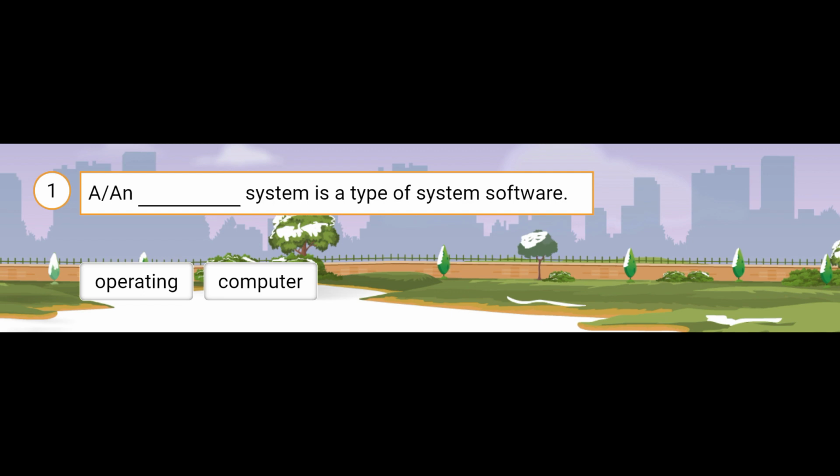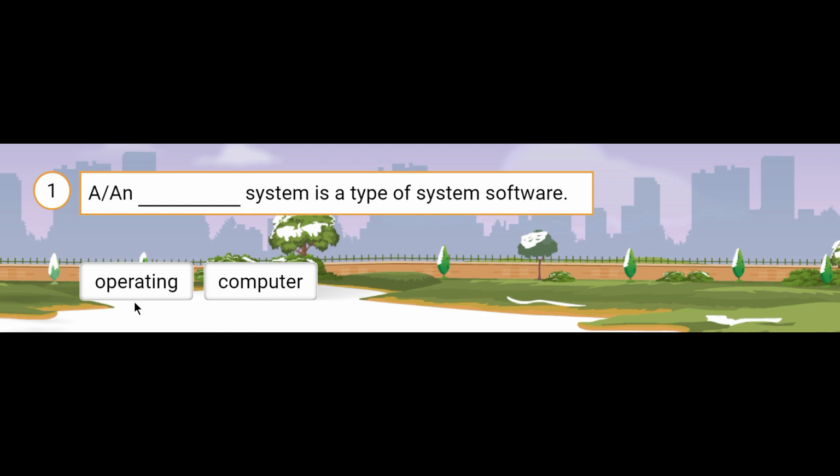An dash system is a type of system software. Options are operating, computer. Which one will be the answer?